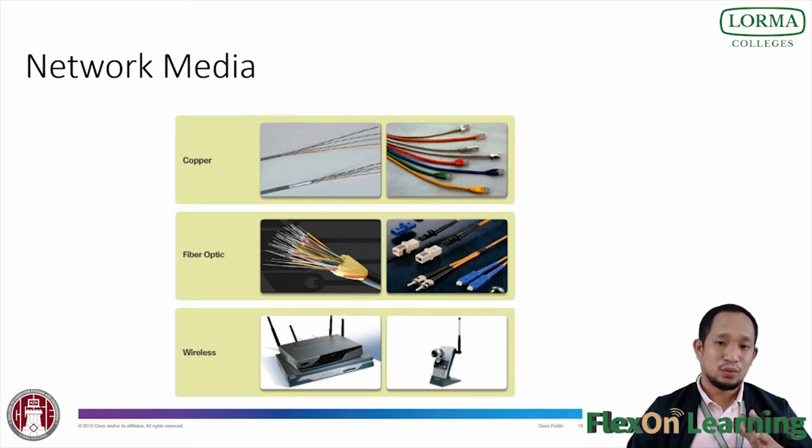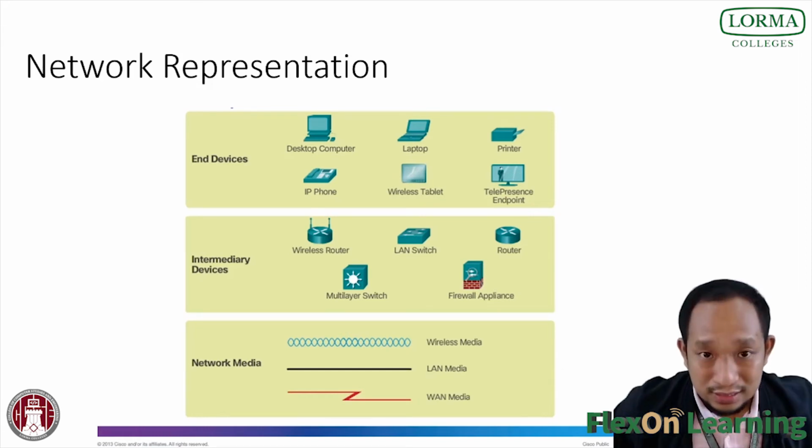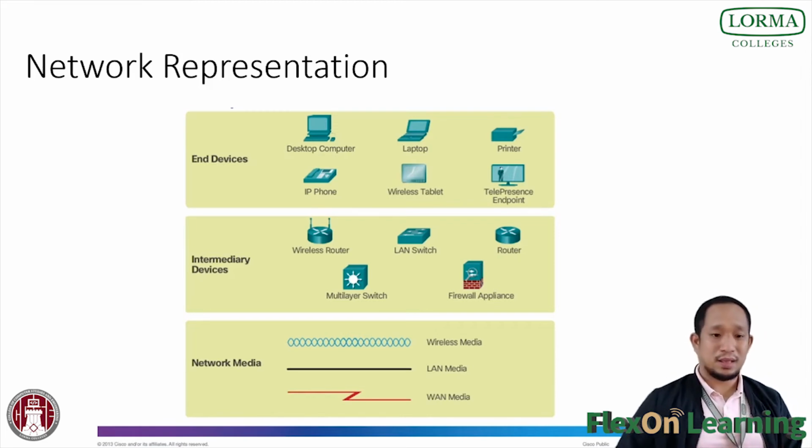Let me show you our network representation when we are using our Packet Tracer. So we have three, as discussed. These are the network representation. The one that wasn't discussed a while ago is our network media. So for our network media, we have three.